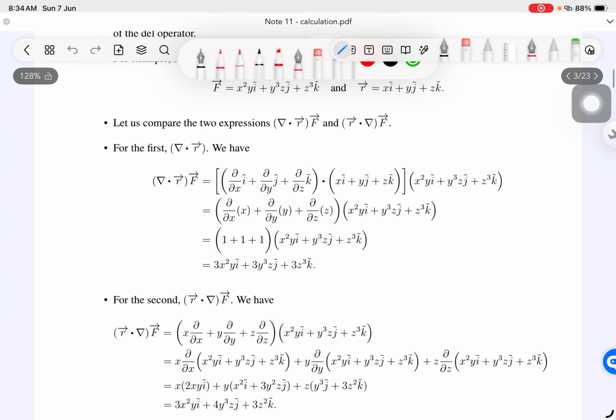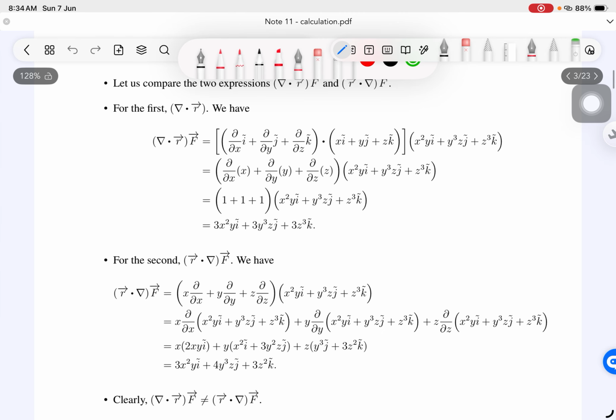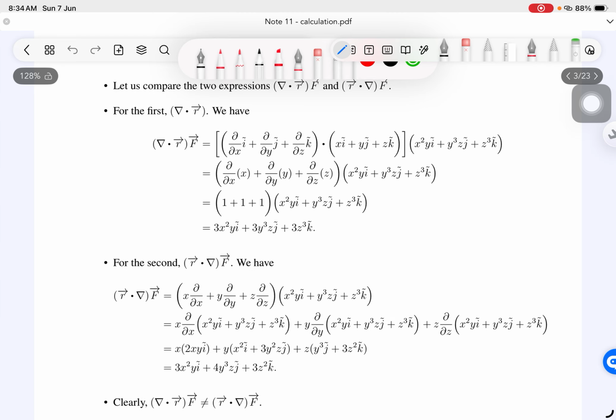What if we do the second one, which is vector r dot with del. So r dot del, we get this one, and then this is your vector f.